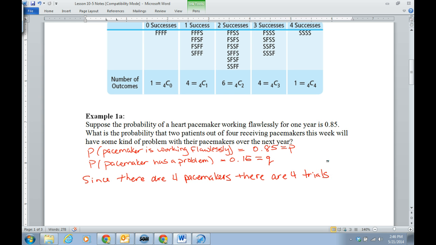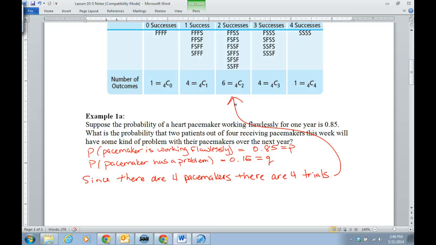We want to know success, failure on all 4 pacemakers, so we'll call them each a trial. Okay. So based on the fact that there are 4 trials and we want to see if there are 2 patients out of 4 having issues, we're going to go up here and look at this one because that would be 2 out of 4 successes. So do you guys see why I picked this column? Okay.